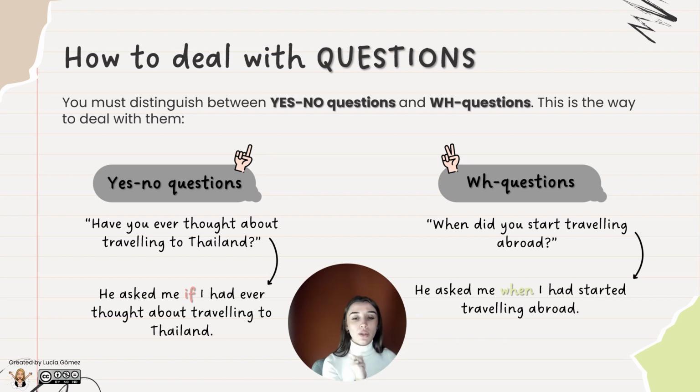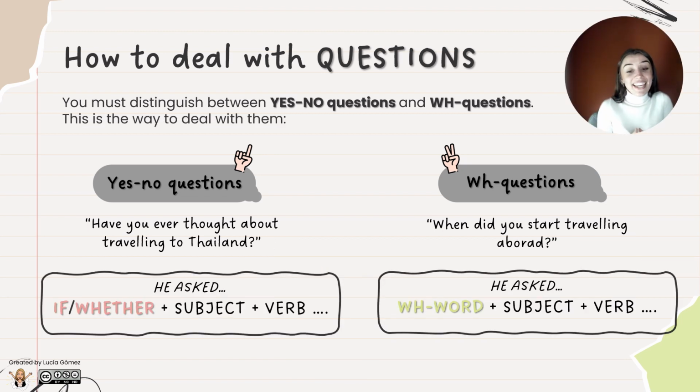Let me show you the formula. So, here's the formula. Basically, we need to distinguish, as I was saying, between yes-no questions and WH questions. On the one hand, yes-no questions are going to be reported with the, let's say, ping structure. So, he asked, it's usually asked. Normalmente solemos tener el verbo asked, preguntar.